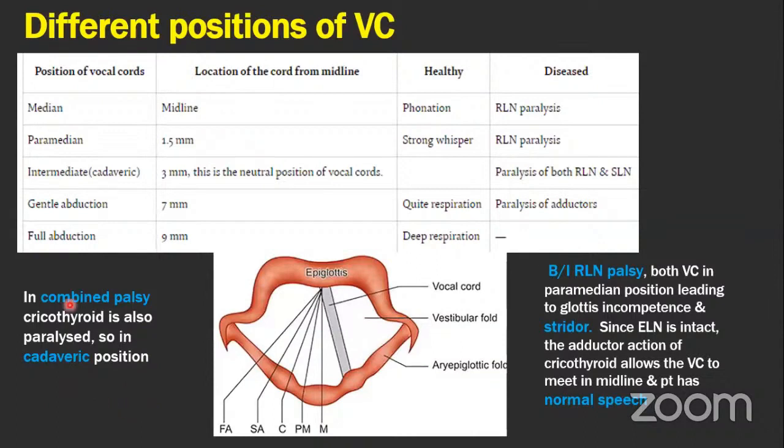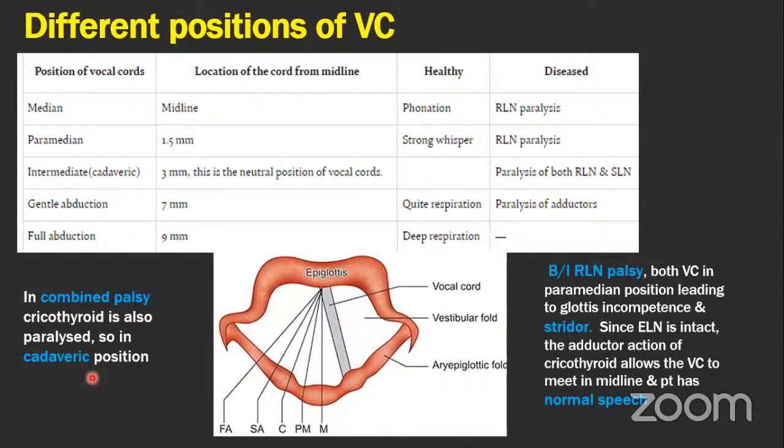This is called the Wegener-Grossman law, which is already explained earlier. Wegener-Grossman law. In combined palsy, we will get the vocal cord in the intermediate to cadaveric position because cricothyroid is also paralyzed, so there is no adductor action.